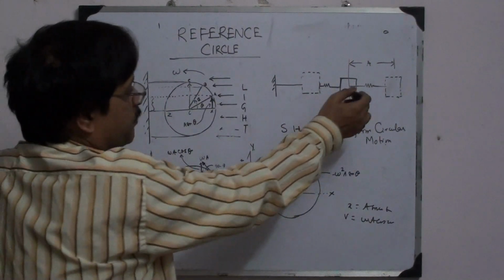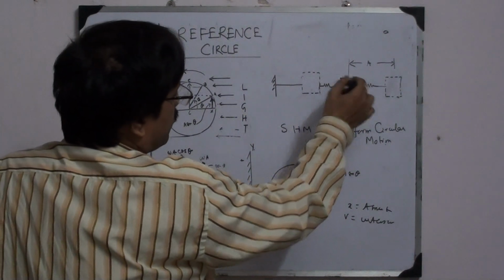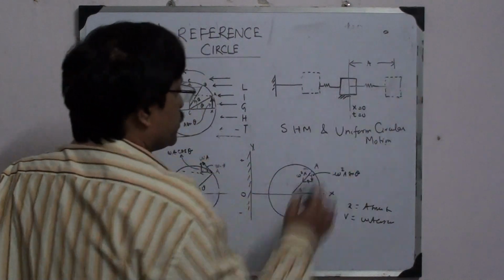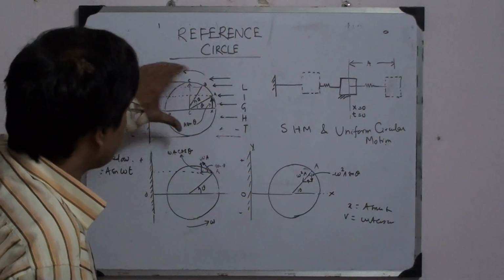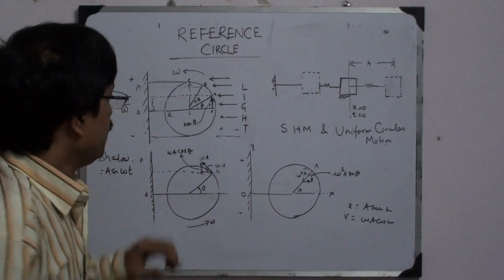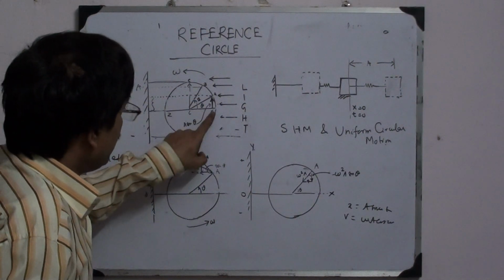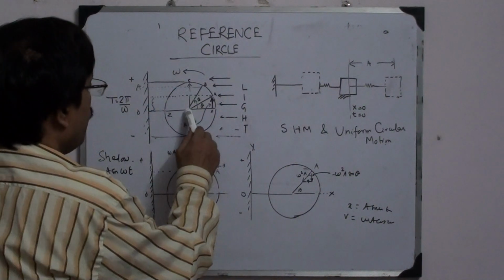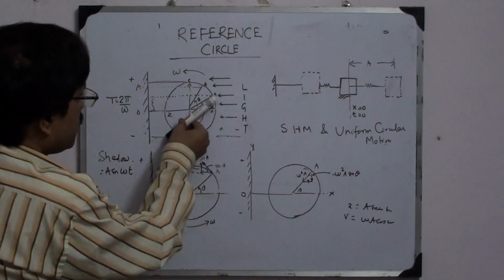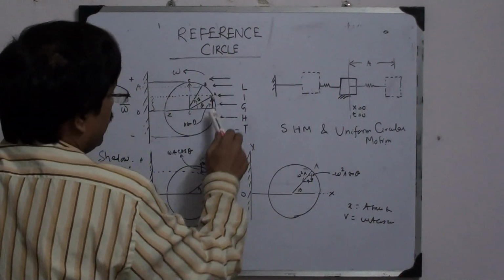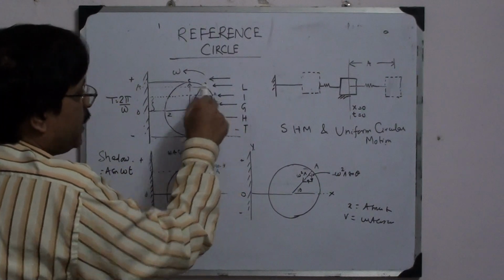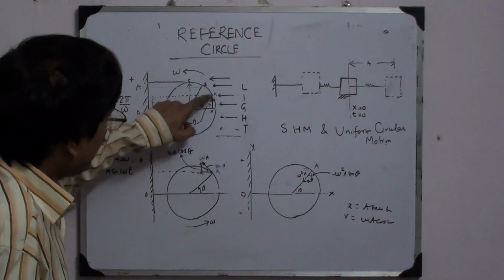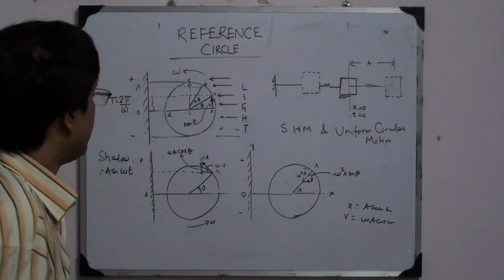For example, the simple harmonic case can be a mass connected with a spring and making oscillatory motion around this point with amplitude A. We have conveniently drawn this circle with a radius A. Now, with a radius A, if this point is at OA, the shadow will be the projection of OA onto the wall. What is the projection of OA onto the wall when you throw the light? It is the vertical component of OA at position A, that is AX. If this is theta, AX is nothing but A sin theta.